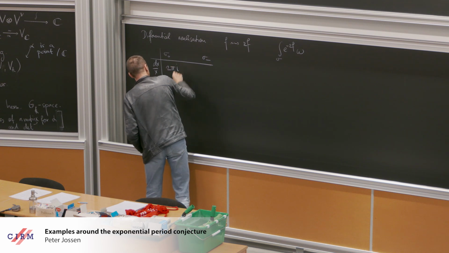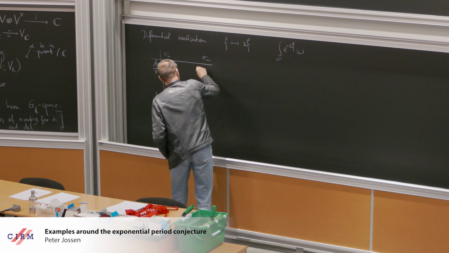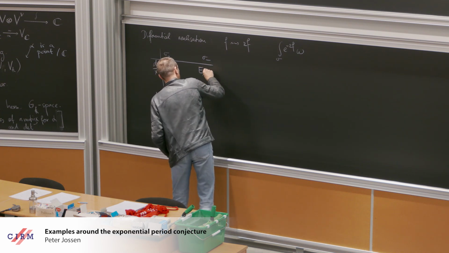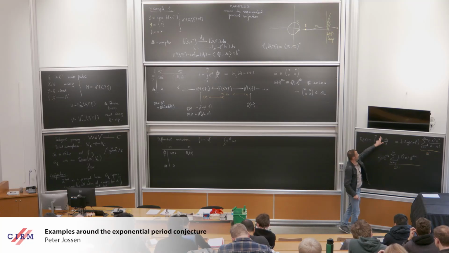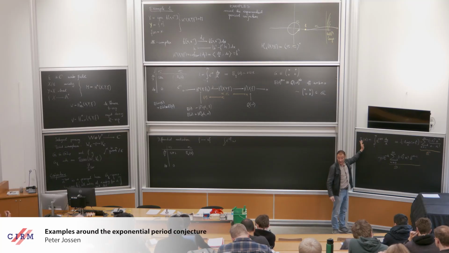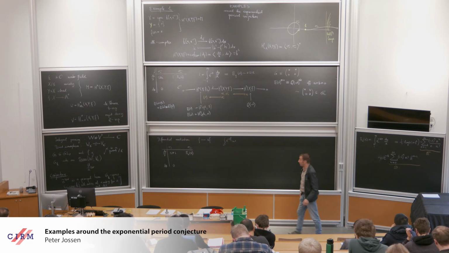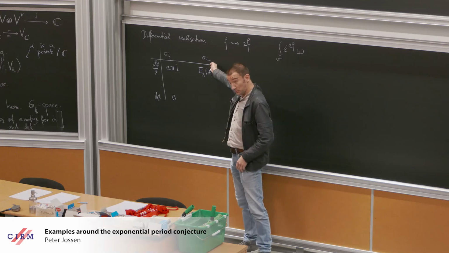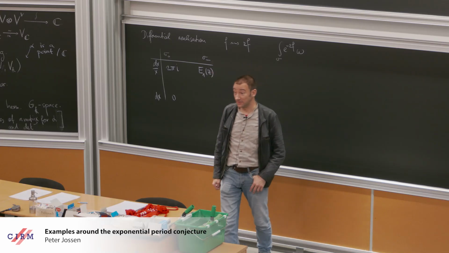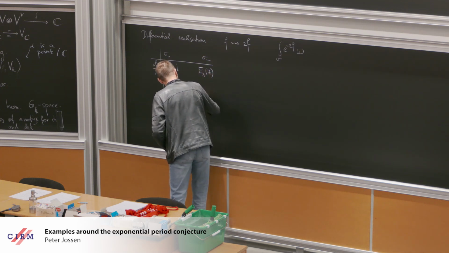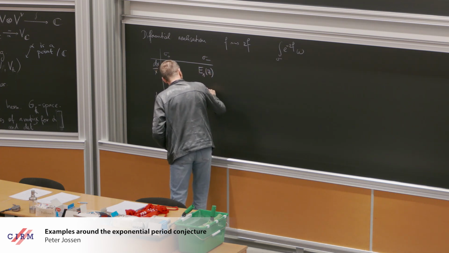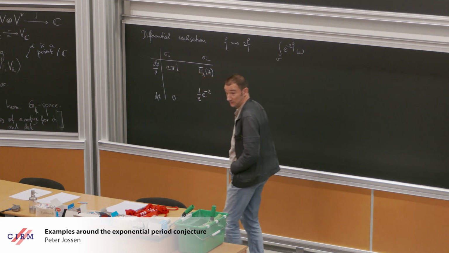Nothing changes here, but if we change the x to zx, we get the actual exponential integral function as an exponential period function here. And here we find 1 over z e to the minus z as the other integral.